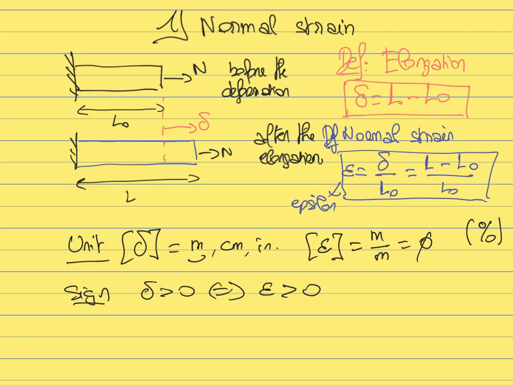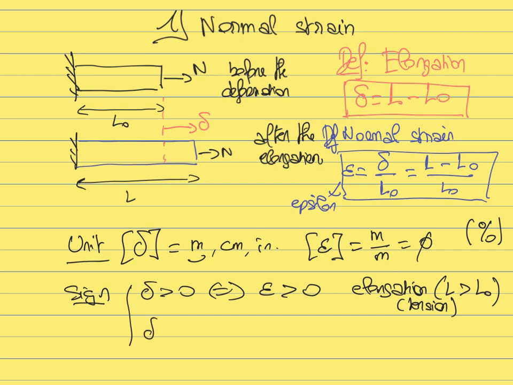Initial length is always positive, so the sign of the elongation will be the same as the sign of the strain. So if the elongation is positive, or if the strain is positive, this is going to be associated with an elongation. If the beam becomes larger, so the new length becomes larger than the initial length, this is what will happen if you apply a tension. If you apply a tension to your beam, then it will tend to become longer.